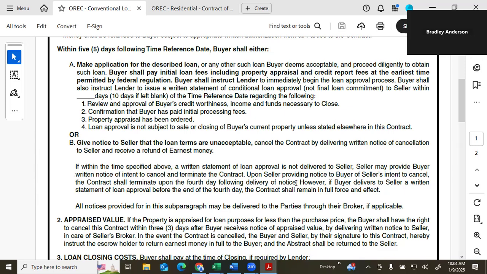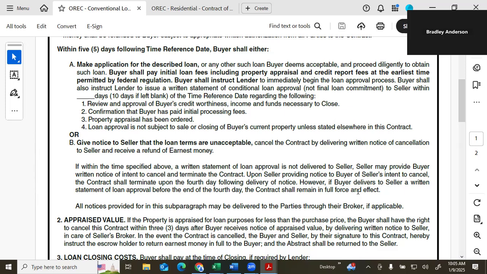Upon seller providing notice to the buyer of seller's intent to cancel, the contract shall terminate upon the fourth day following delivery of the notice. However, if buyer delivers to seller a written statement of loan approval before the end of the fourth day, the contract shall remain in full force and effect.